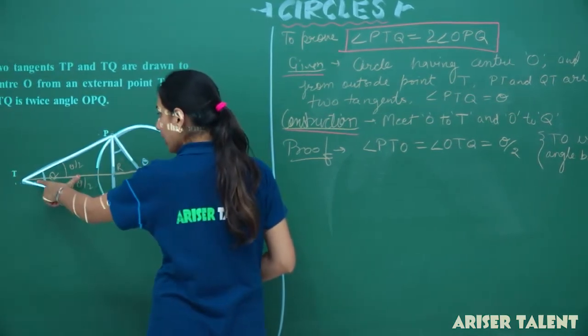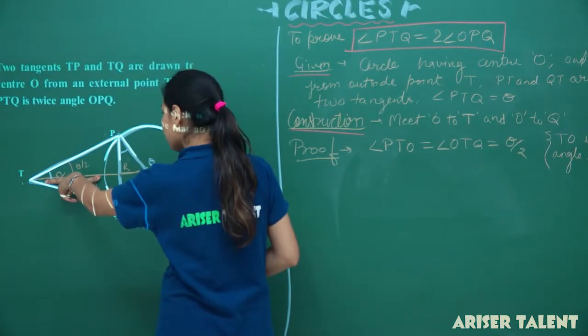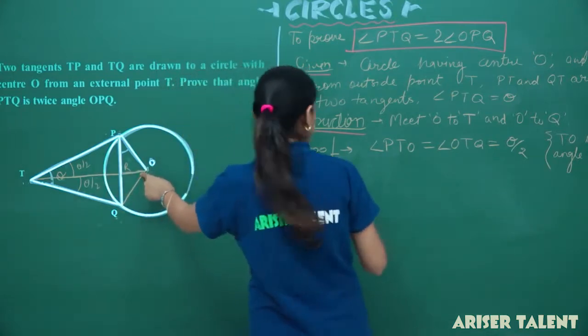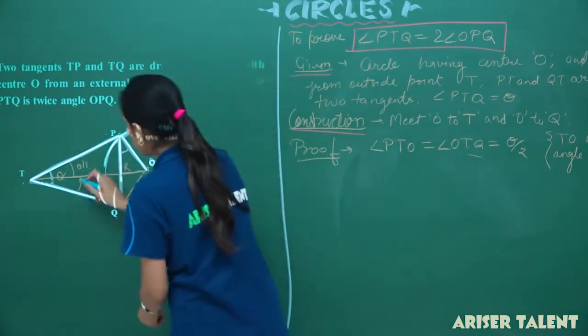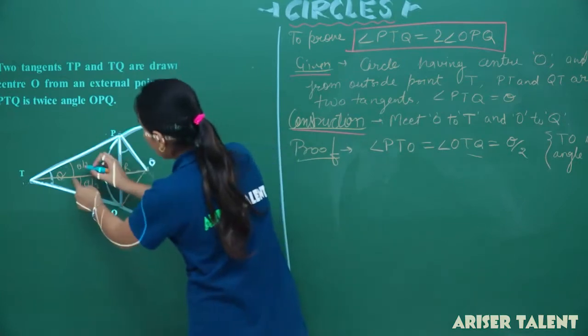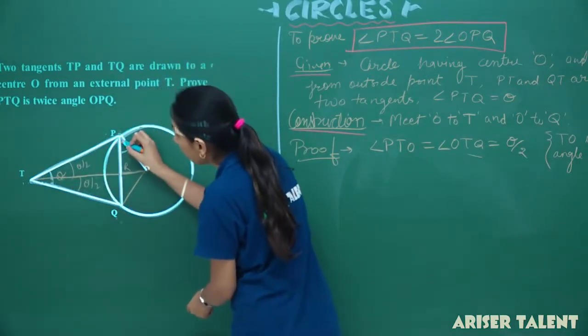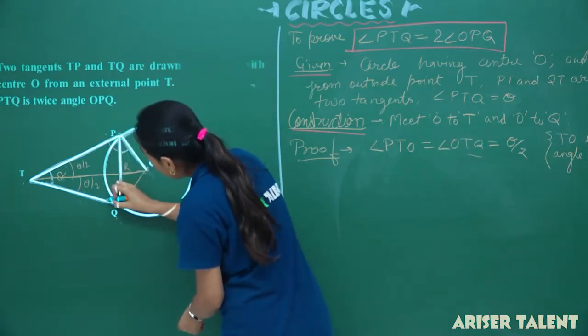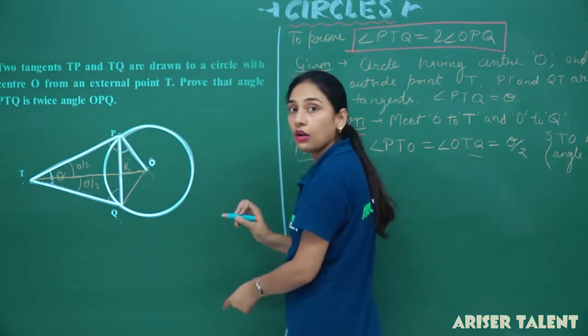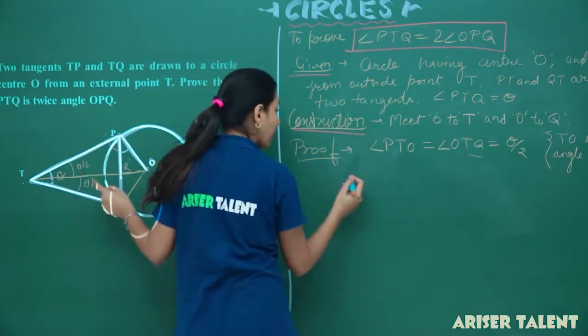Now what do I have? This angle theta by 2 and this angle theta by 2. Now if I look in this particular triangle, this angle and this angle are equal. Why?